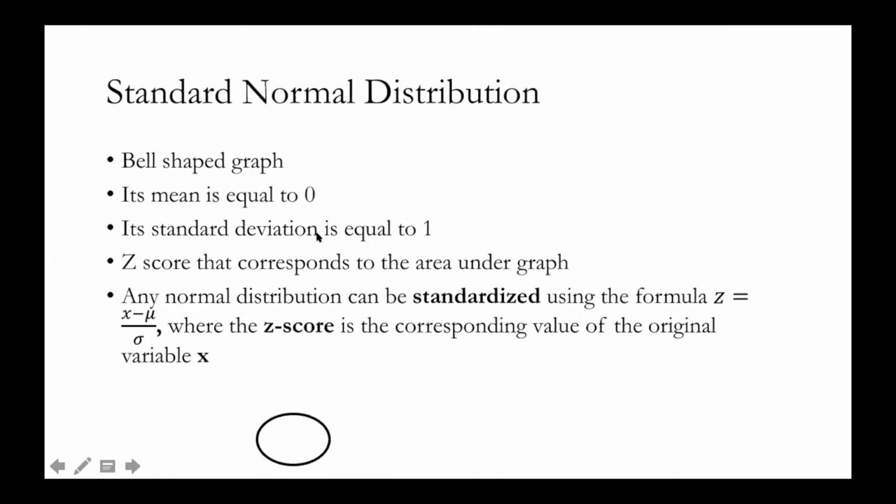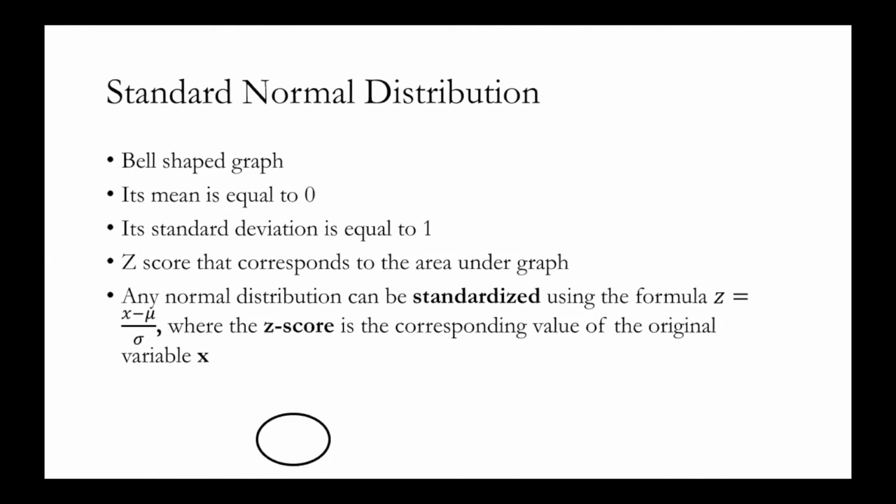So now we're gonna go through the standard normal distribution. You know that in the standard normal distribution you have a bell-shaped graph, and in the bell-shaped graph the mean is equal to 0, standard deviation is equal to 1, and z-score corresponds to the area under the graph.